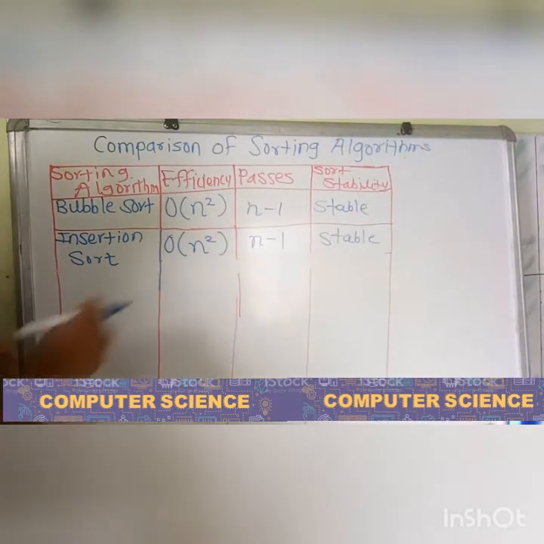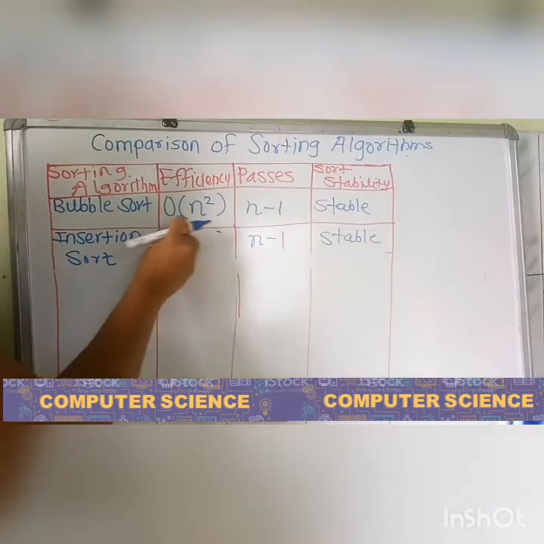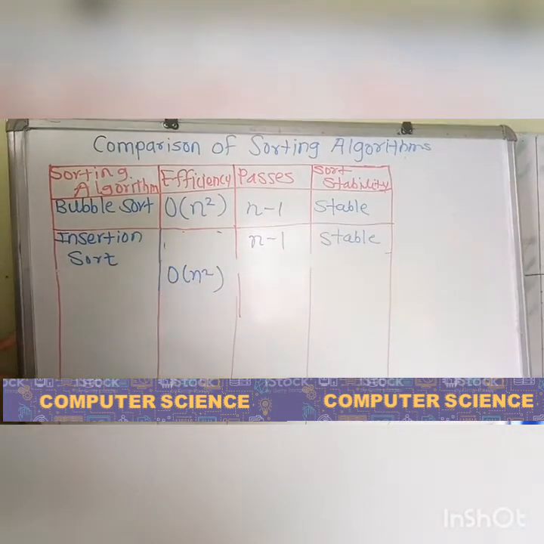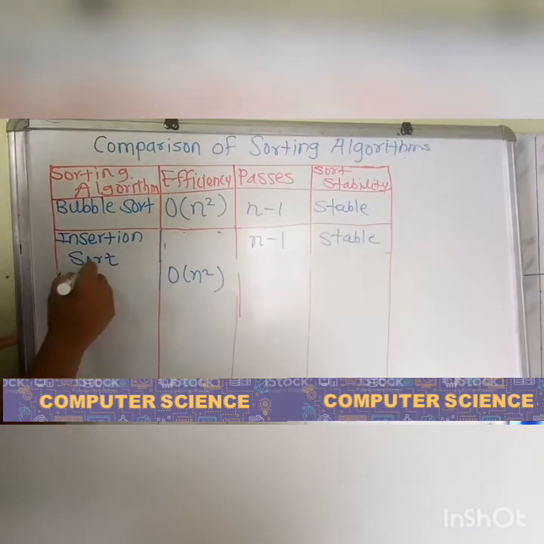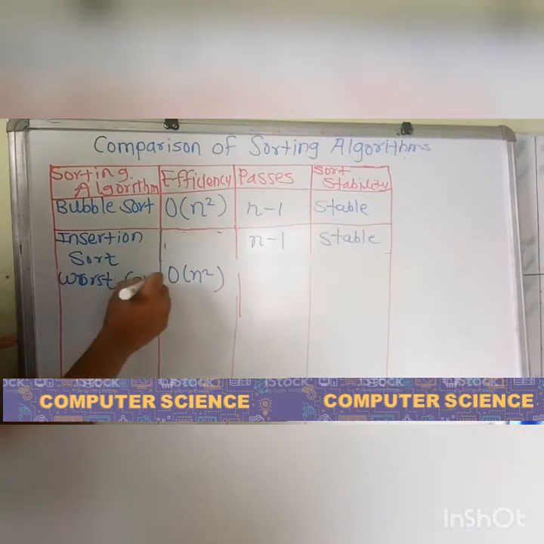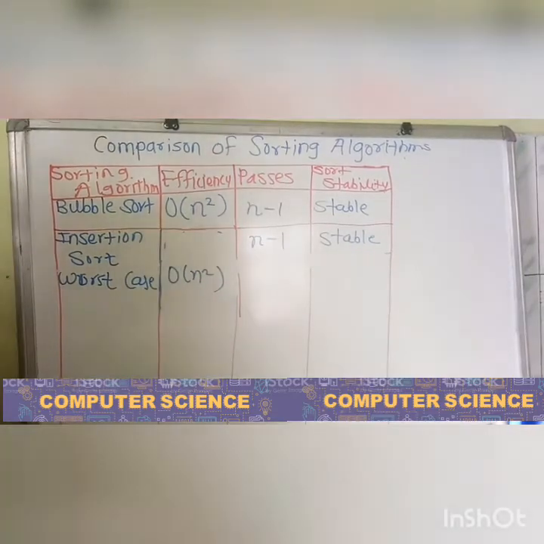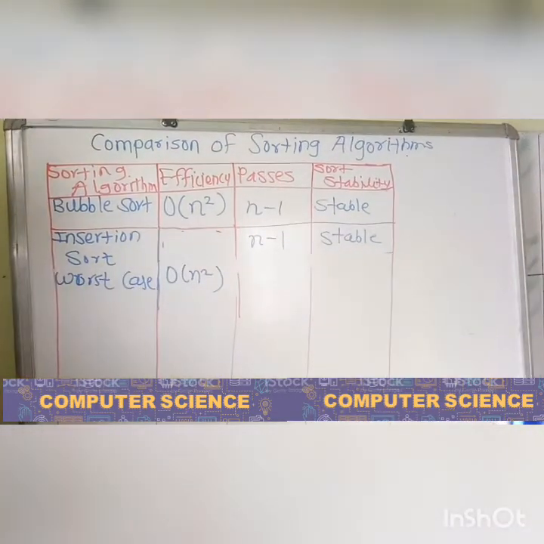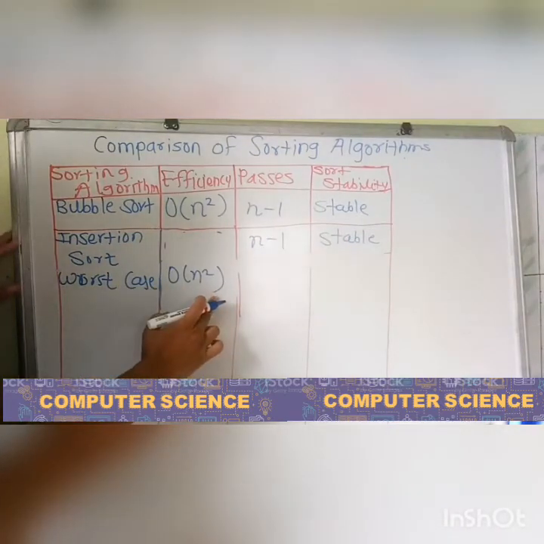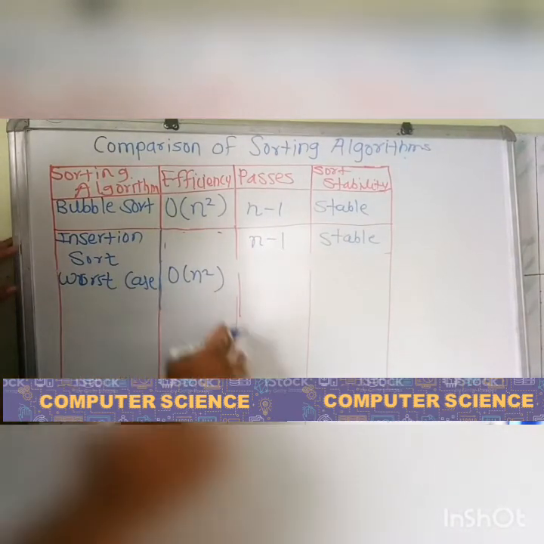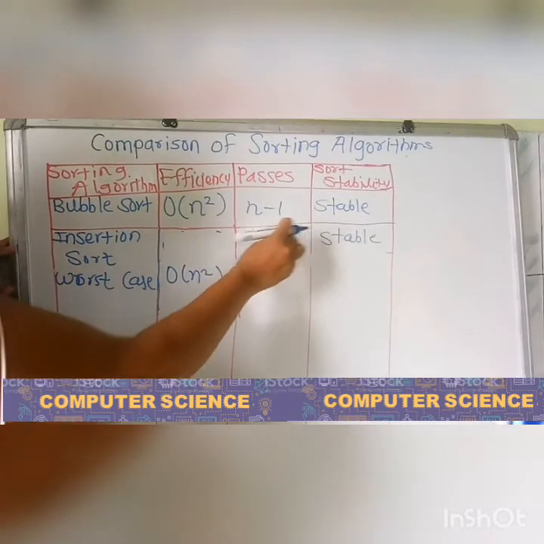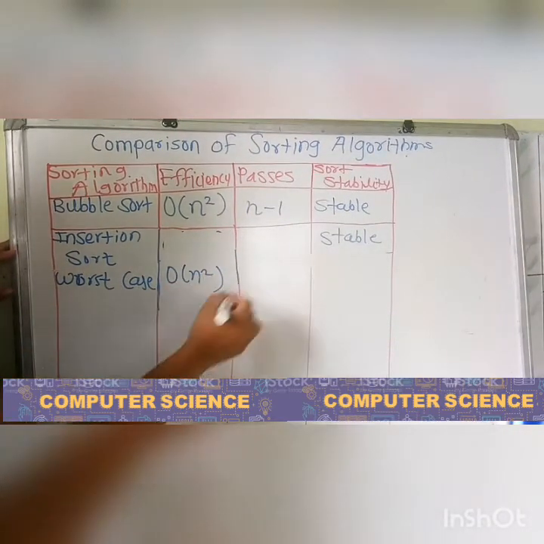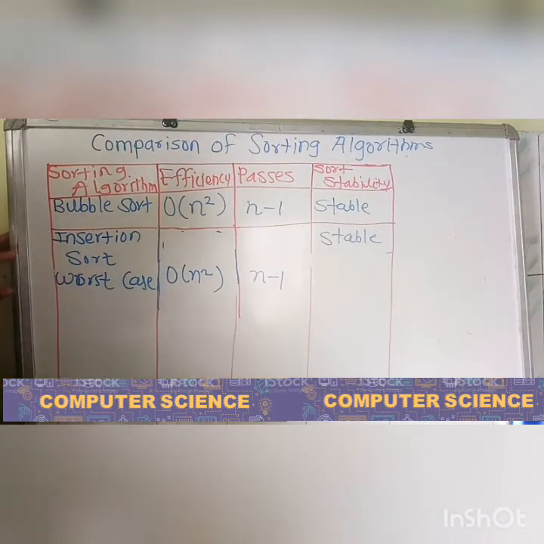For example, big O of n square is the worst case, meaning when you overload your algorithm with a lot of data, then it will require big O of n square comparisons, and for that it will require n minus 1 passes.